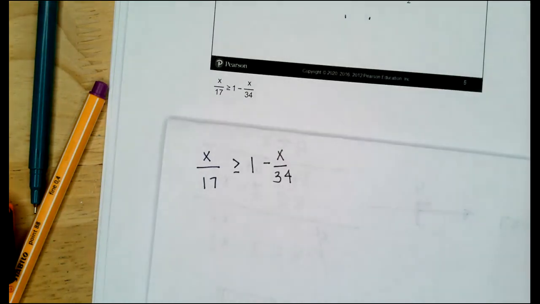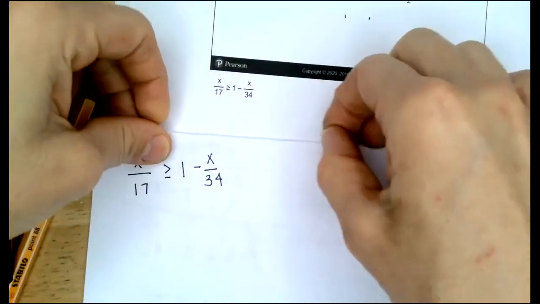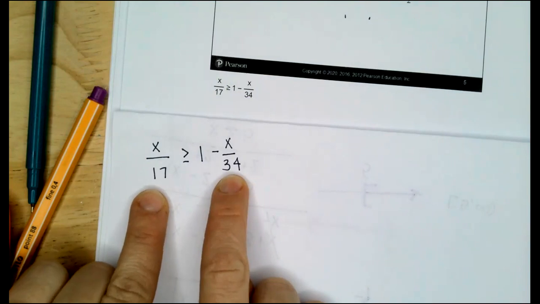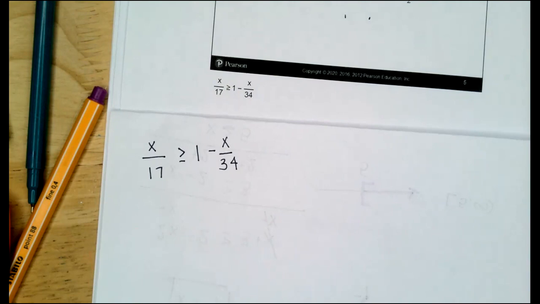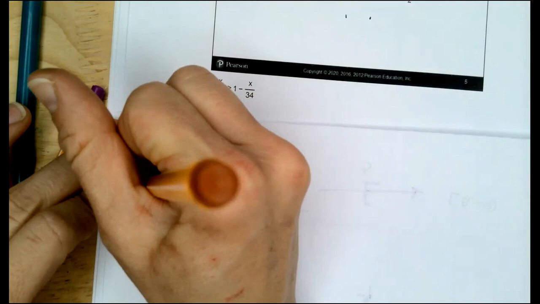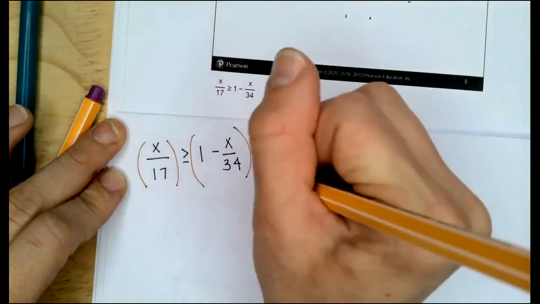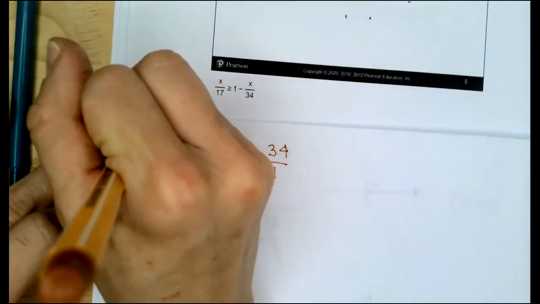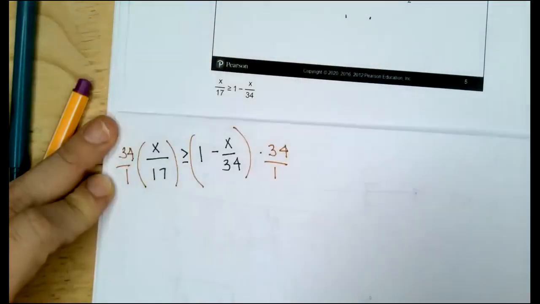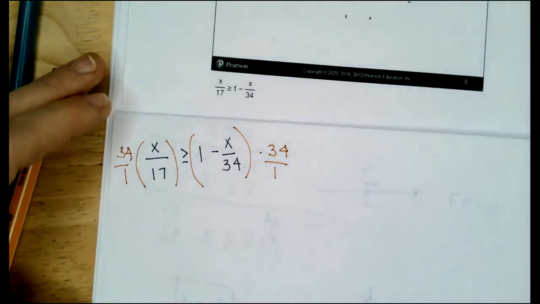Okay, so just like when it's an equation with fractions, you want to find the least common denominator. So the denominators are 34 and 17. If I take 17 and multiply it by 2, it's 34. So 34 is common to both 17 and 34. If I multiply this side and this side by 34, or by 34 over 1, it will get rid of the 17 and the 34 in the denominator, okay?